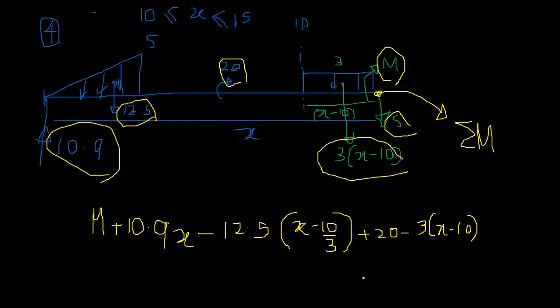So the total load is this, and it's acting at half of this length. So that's going to be x minus 10 over 2, right? So it is equal to 0, right?